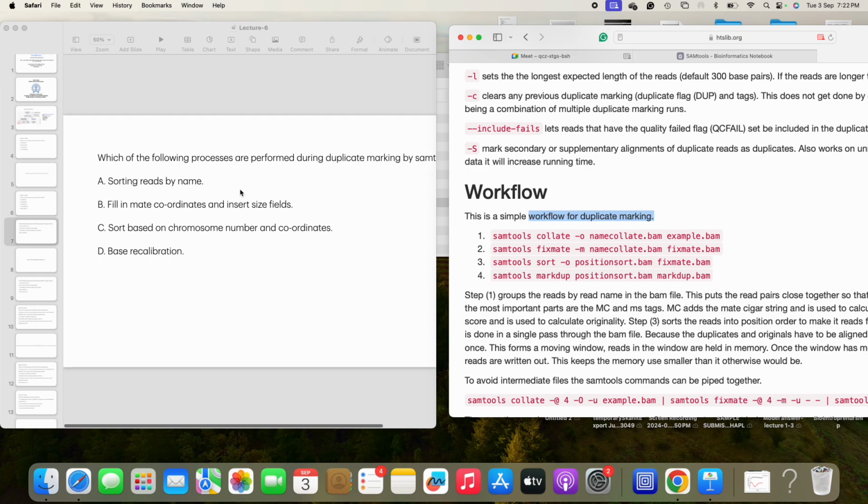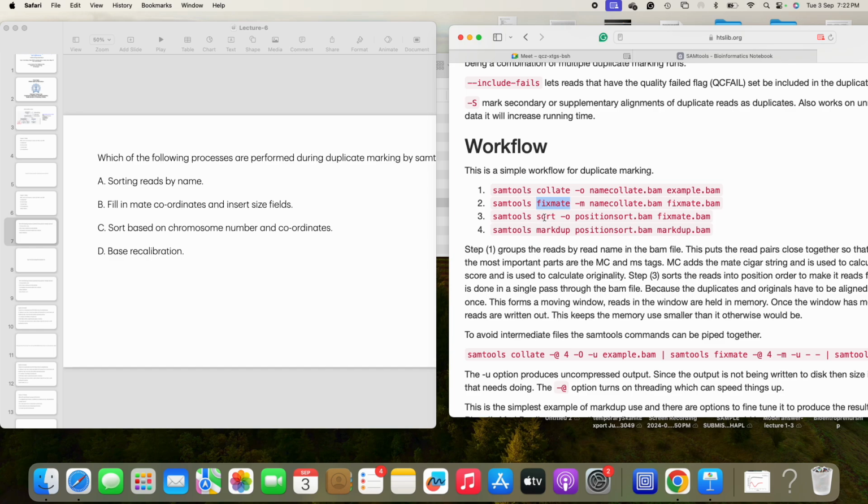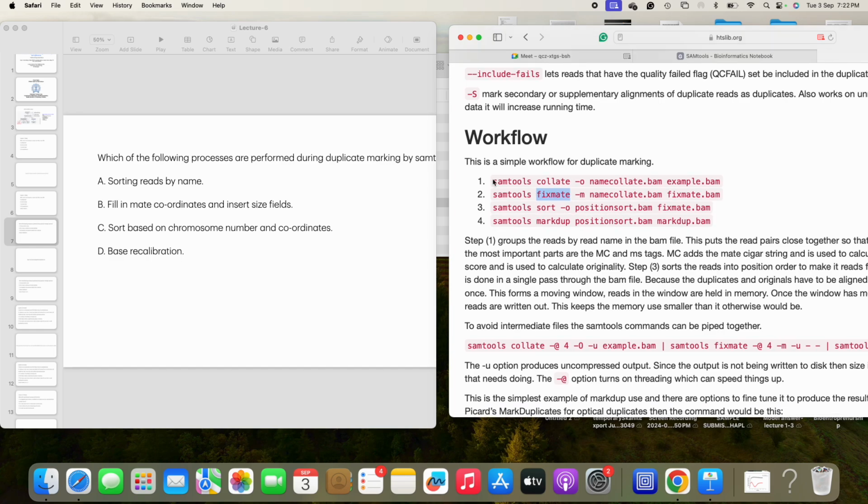It first sorts the reads by name with samtools collate, and then it fills in mate coordinates and insert size field with fixmate. Then it sorts based on chromosome number and coordinates with samtools sort -o, position sort. And then it marks the duplicates.